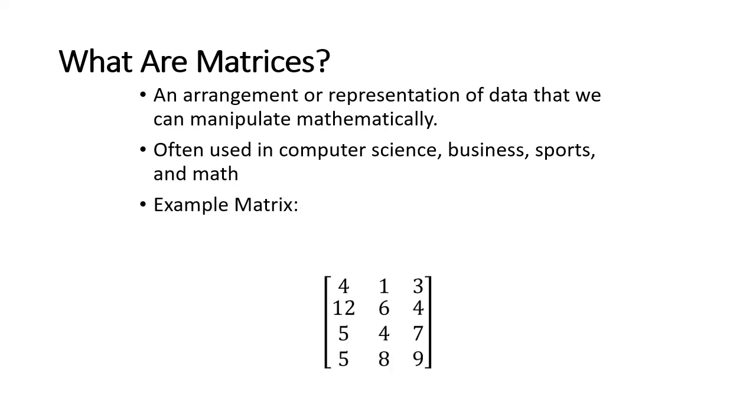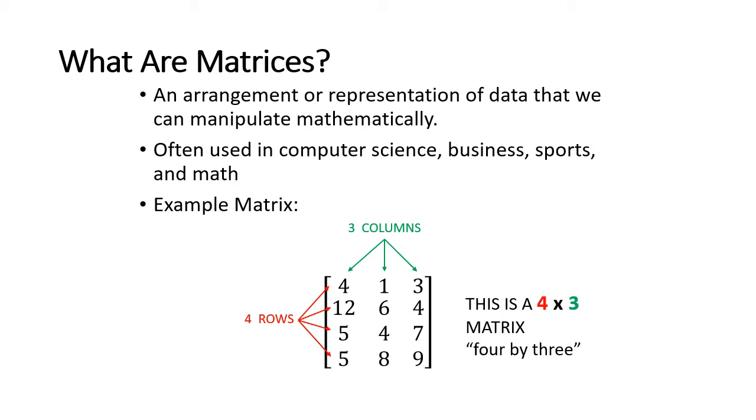And this is what a matrix looks like. A matrix is a rectangular arrangement of data. This particular matrix has 4 rows and 3 columns. So we would say that this is a 4 by 3 matrix. You say the number of rows and then the number of columns. Each of the things inside of a matrix are called elements.